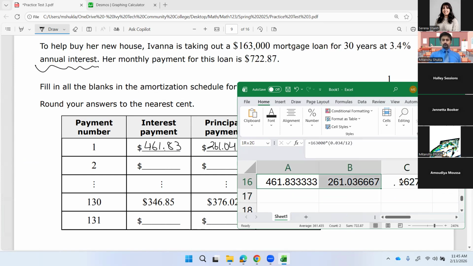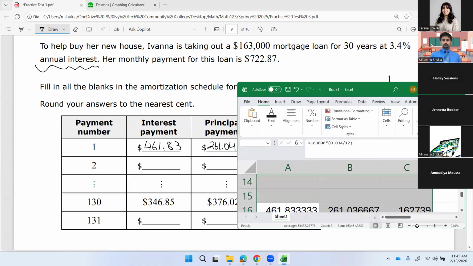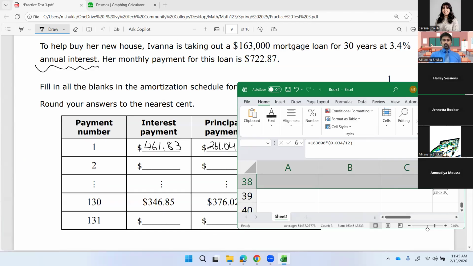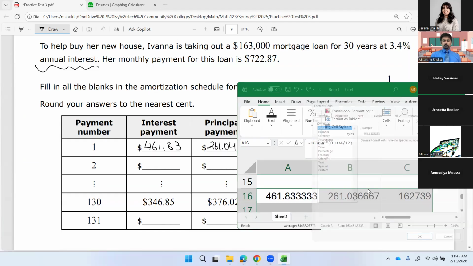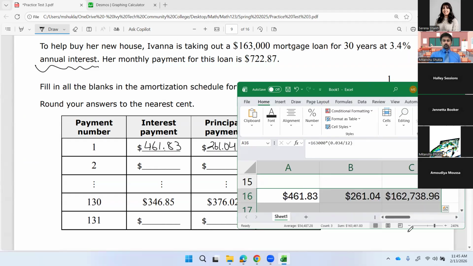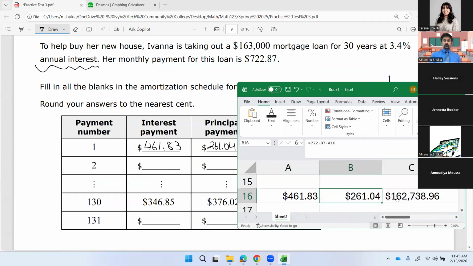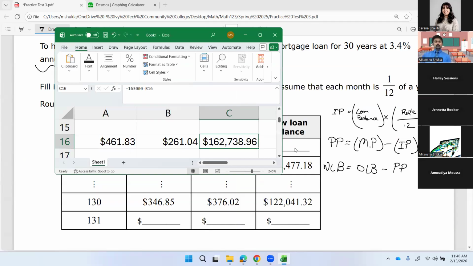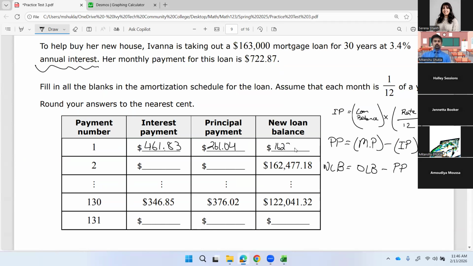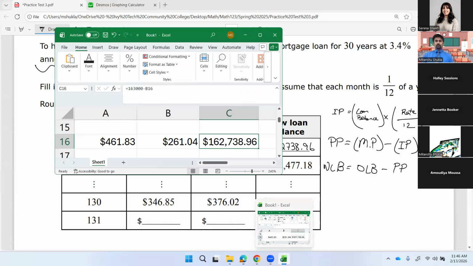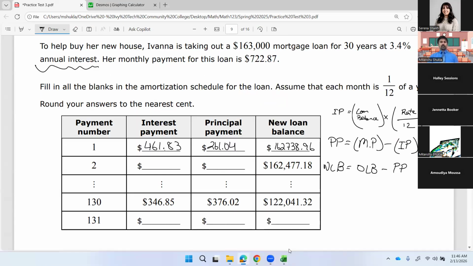And that's what I get. So it's 162,738.96. Yep. And then I rinse and repeat.